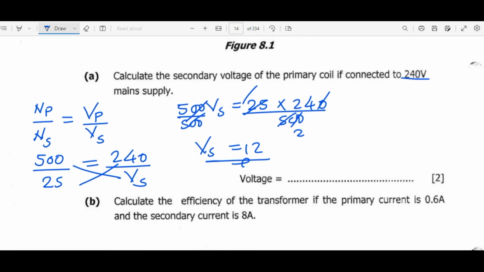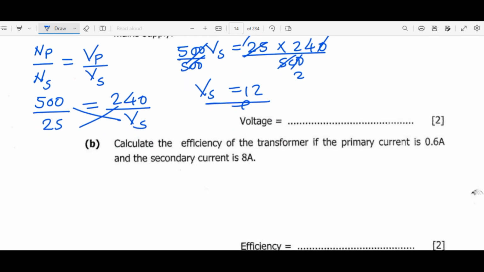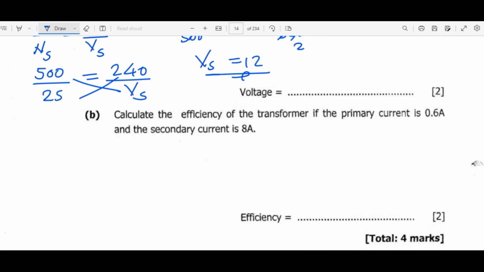Now for the last question, we are just dealing with the efficiency. With efficiency, we want to know how much of the energy was useful and how much energy was wasted. So the efficiency formula is equal to power output over power input, then you multiply the result by 100.